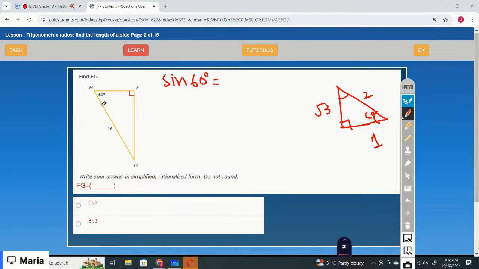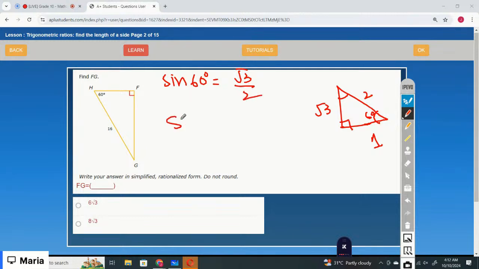So sine 60 is opposite divided by hypotenuse. FG you have to find. That is sine 60 you need to calculate. So sine 60 is square root 3 over 2 for this triangle.